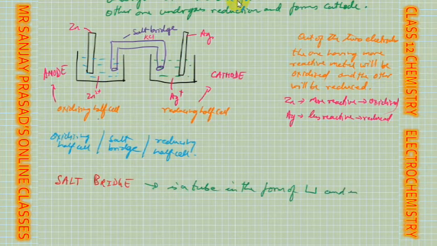And is filled with a salt solution. This salt bridge is filled with a salt solution, because it has to conduct electricity, means it has to be a salt solution.